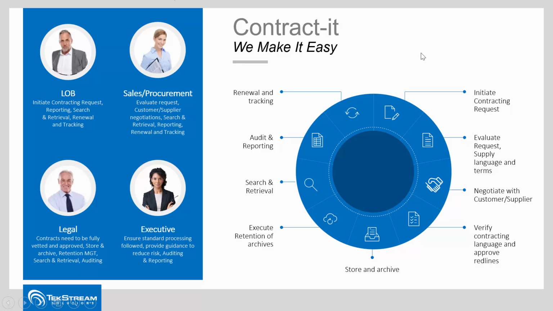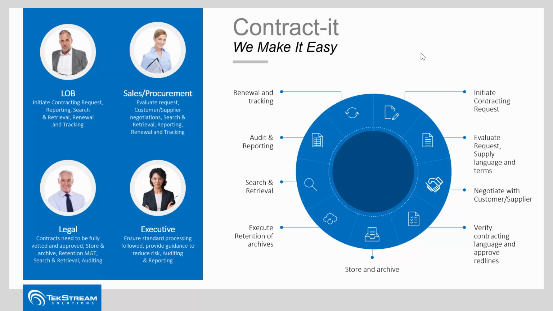So, when you take a look at Contract It, it's really a suite of capabilities that we're bringing to the table, beginning and initiating contract requests, to evaluating those, supplying the appropriate language and terms, having a library of contract templates and documents that people can pull from as kind of a starting point.